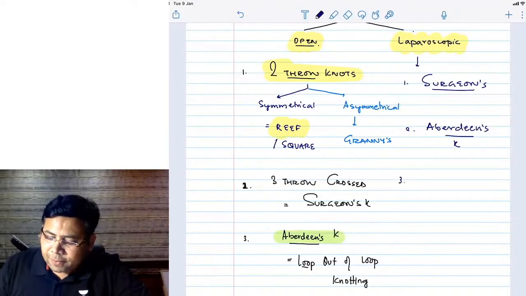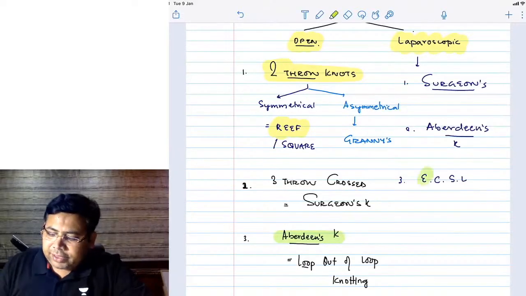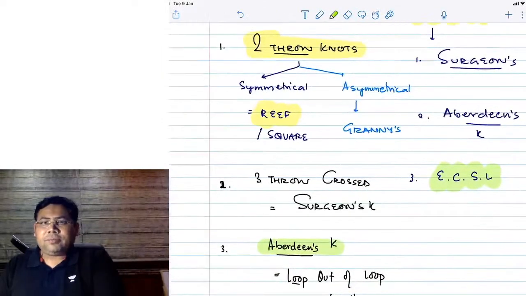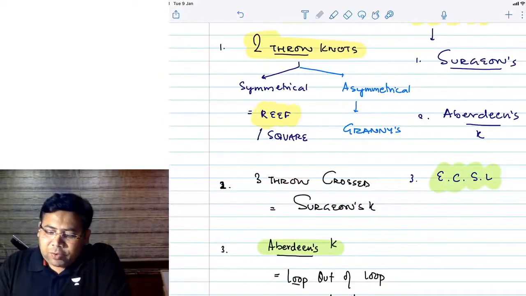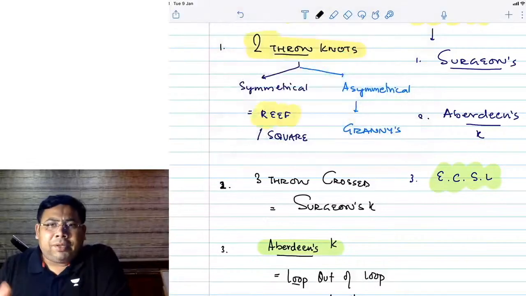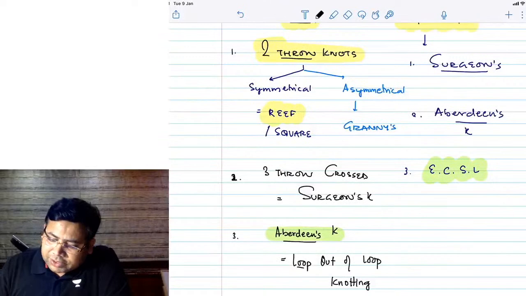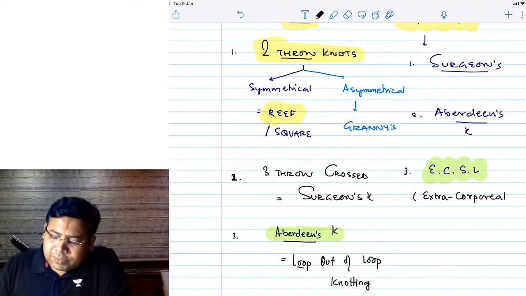And then third, we have extracorporeal slip knots. What are they? Let us try to understand the concept of extracorporeal slip knot. What is Aberdeen's knot? What is a reef and a granny's knot? Everything we are going to discuss here.